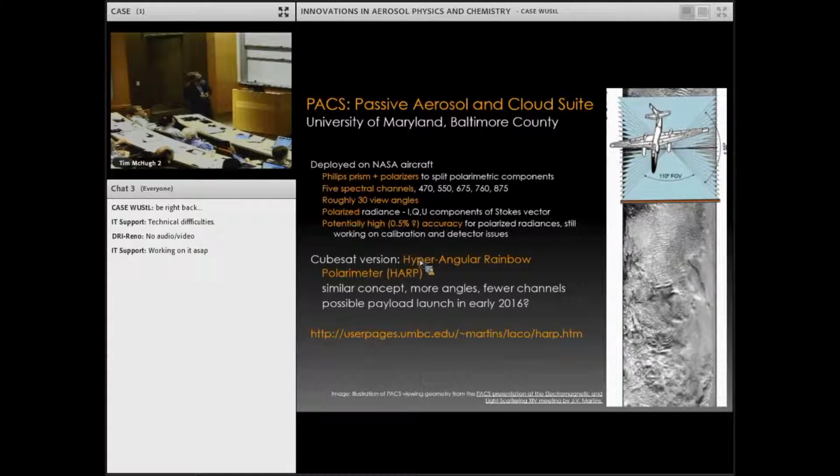What's interesting about this instrument is that there is a CubeSat version, a small satellite version, which possibly will be launched in early 2013. So there may be another polarimeter in space soon if this works.